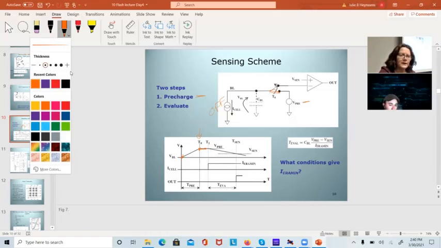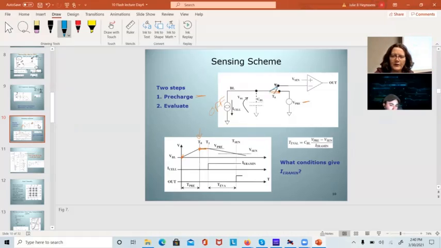So my next move in time, I haven't used that color, we're going to flip this back up into position 2. And this will be our evaluate phase. We've turned the floating gate transistors on or not in the string. If they're turned on, then my NAND string is going to be drawing current, and that current will discharge the voltage stored in the capacitance of the bit line.